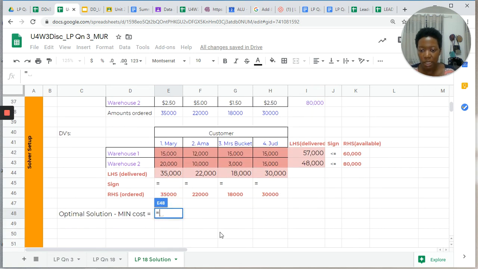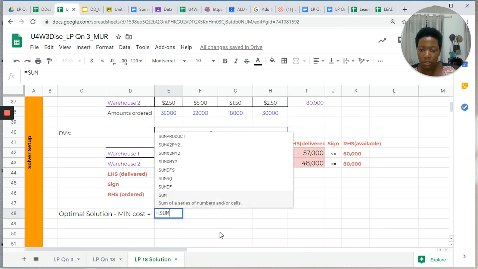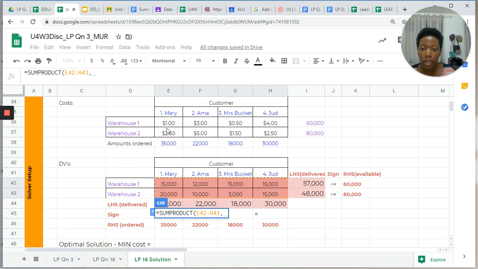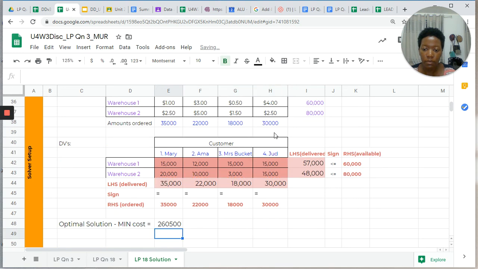The sum product formula is a gift from God, from coders. Okay, I'm going to take a sum product of the entire array of my decision variables and multiply that by the cost. Okay, and that would be my minimized cost.